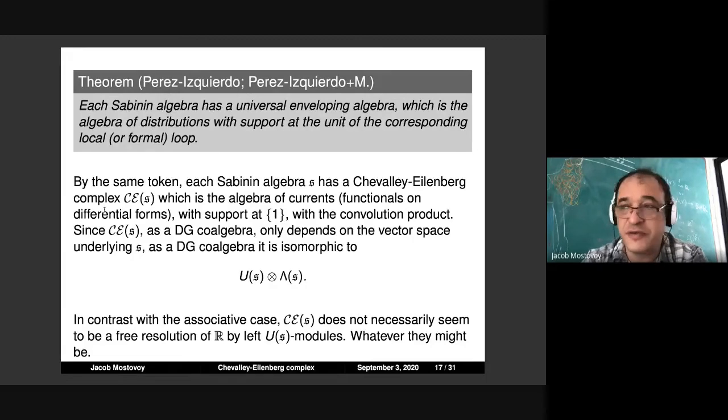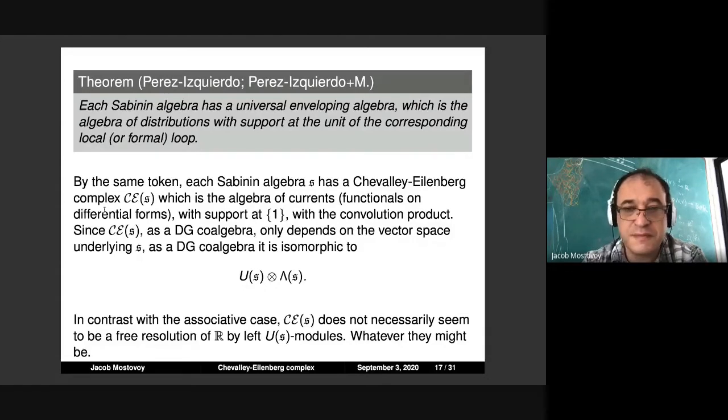Of course, it's easy to give a definition, but it's not clear how meaningful that would be. Also, for Lie algebras, a module over a Lie algebra is the same thing as a left module over the universal enveloping algebra. Here we can't say that. Here things are more complicated.